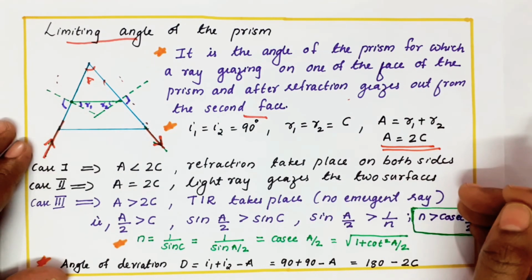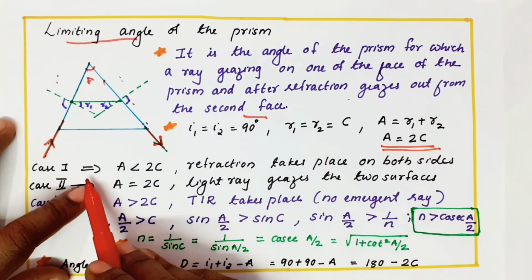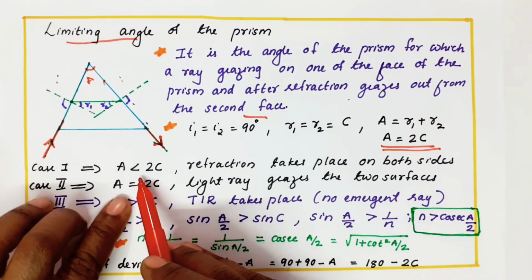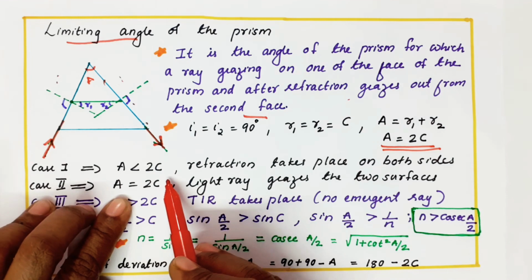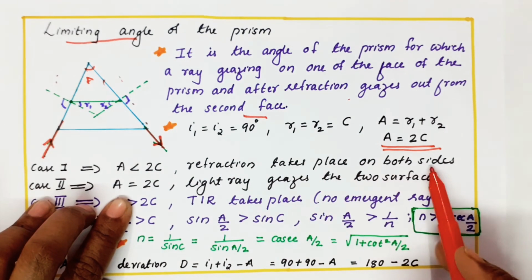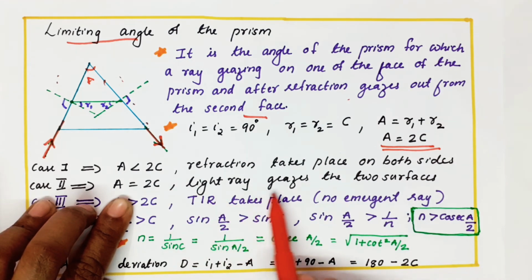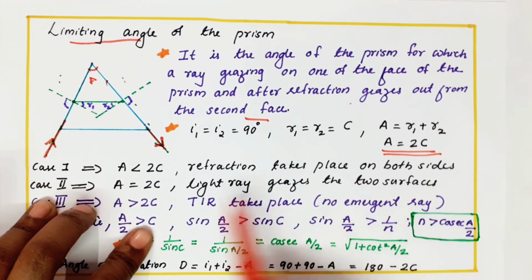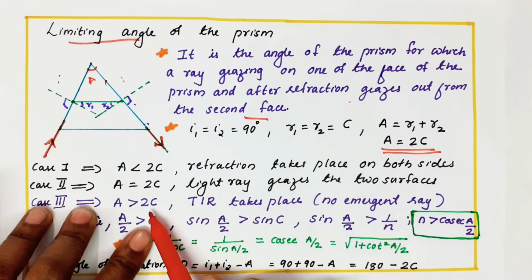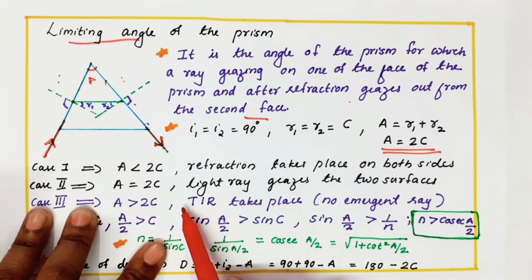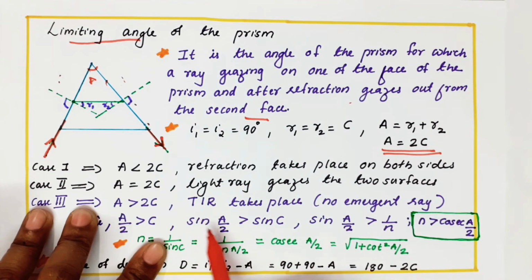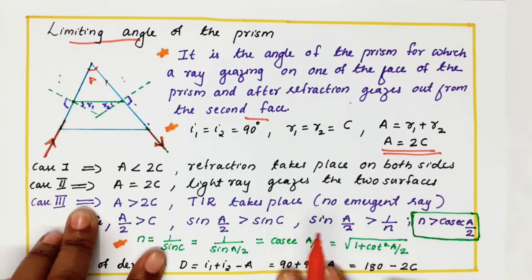Now I am taking 3 cases. In the first case, if your A is lesser than 2C, the refraction takes place at both the sides. If A is equal to 2C, the light ray grazes. If your angle of prism A is greater than 2C, total internal reflection takes place, that is, no emergent ray.